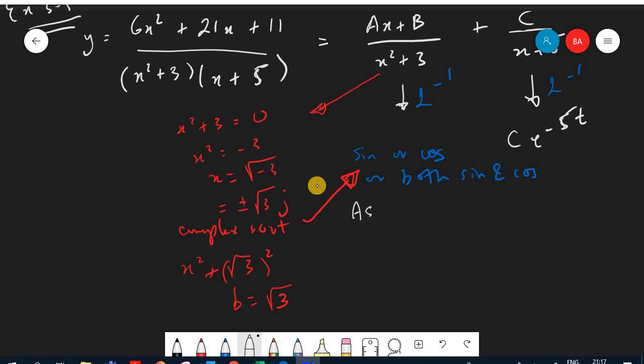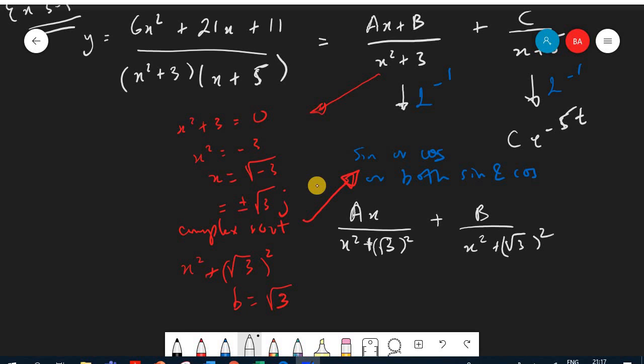And if I write this equation now, this is as over s squared plus 3, plus b over s squared plus 3. And I'm going to write here the shape that I would like. So this is like that, plus that squared.